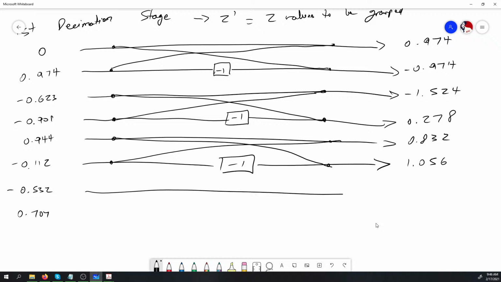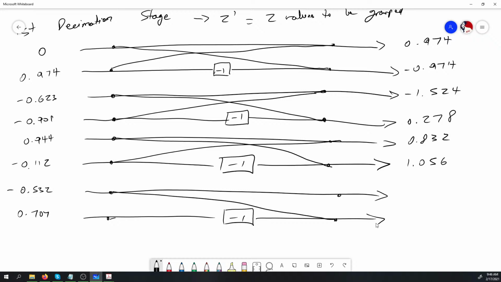Next part here. Right, so this is going to be 0.175 and negative 1.239. So that will be the output of our first decimation stage.